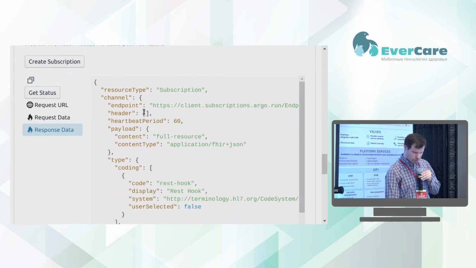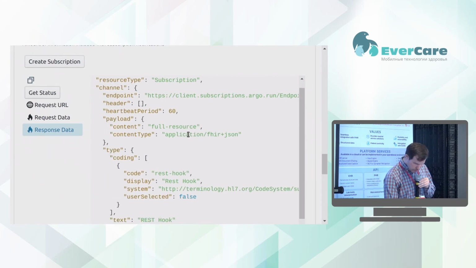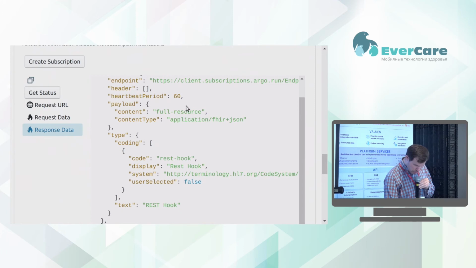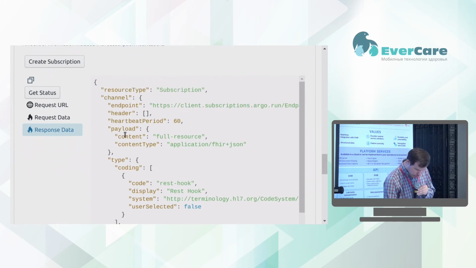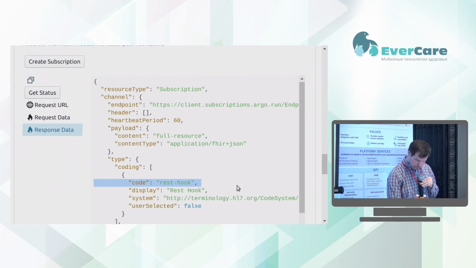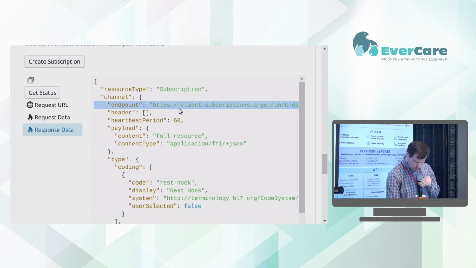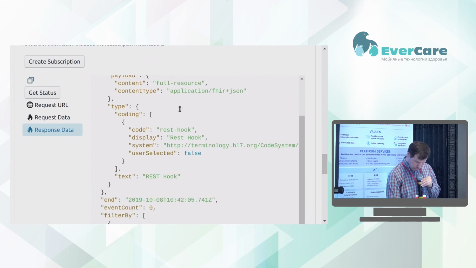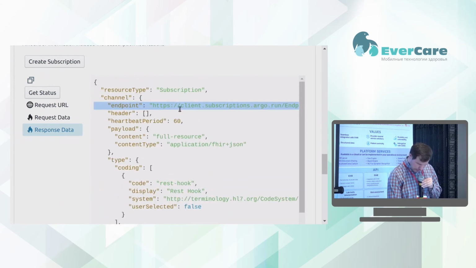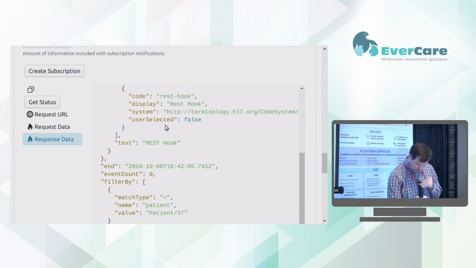And so I've had a subscription created, which in this case, let's just take a look. It's got a channel, which tells me that it's going to be a channel type of REST hook. The endpoint is the endpoint that we set up here for this demo.